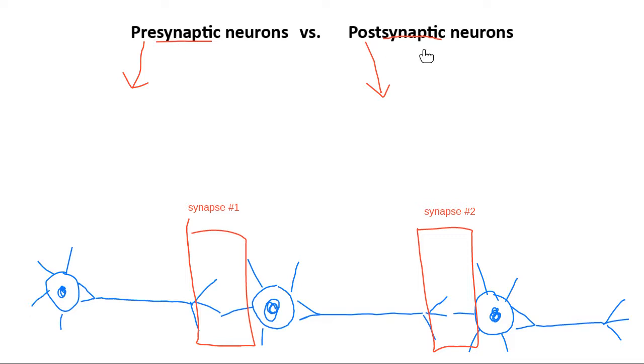Postsynaptic neurons receive a message. And when we put them all in a big line, anybody who lives in the middle is going to be both. It just depends what synapse you're talking about. There is a question on the homework assignment too that helps you to practice this. So presynaptic and postsynaptic, it's all about the location of those synapses.